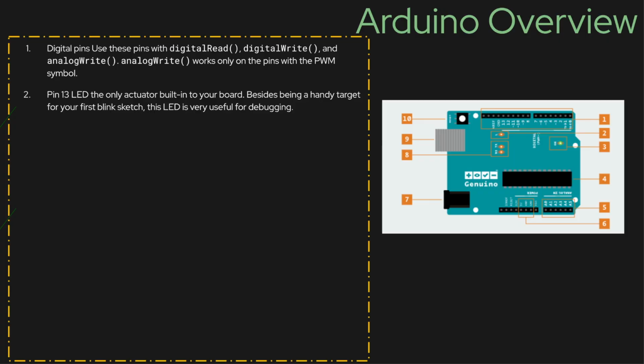And then we have our built-in LED, or we call it pin 13. It's built into the board. Arduino built this in so you can use it as a debugging tool.